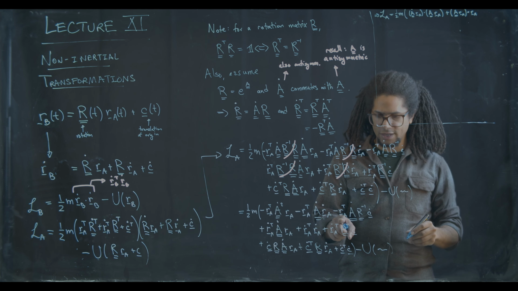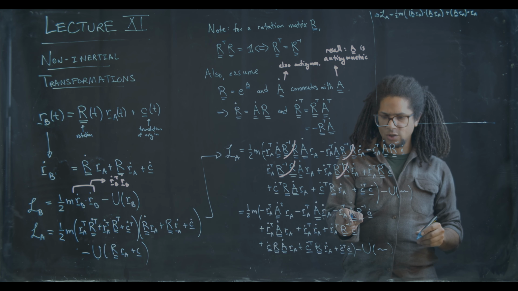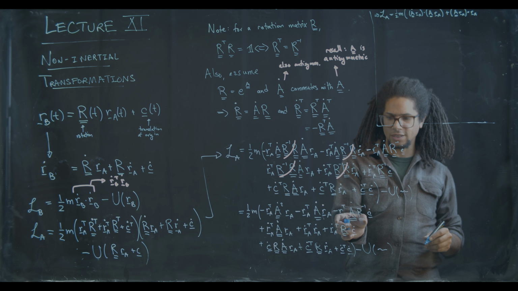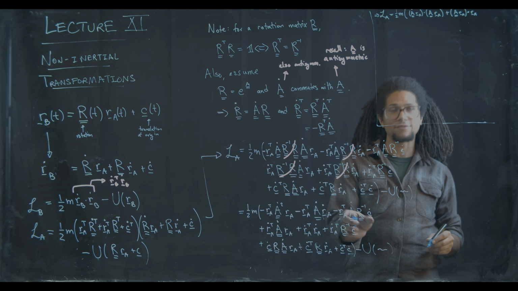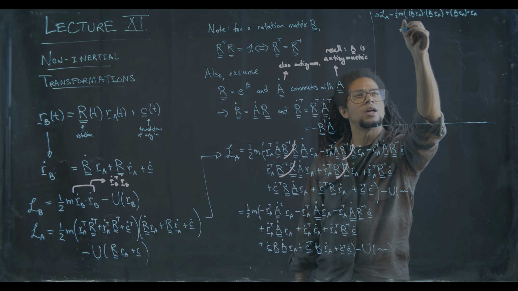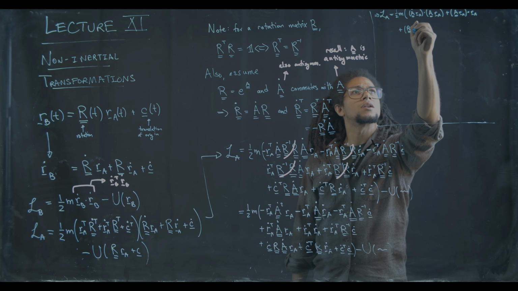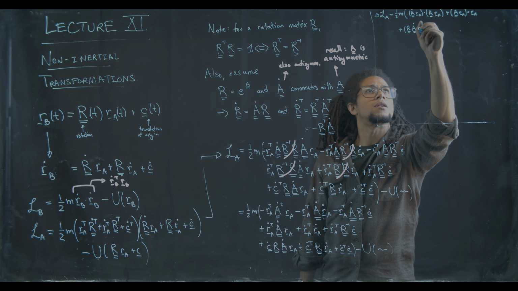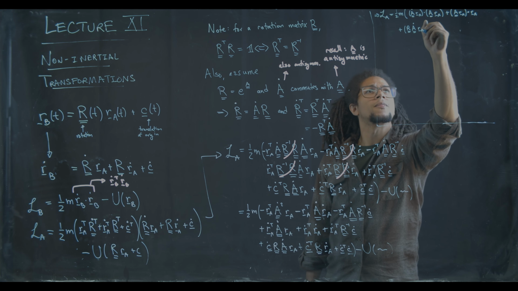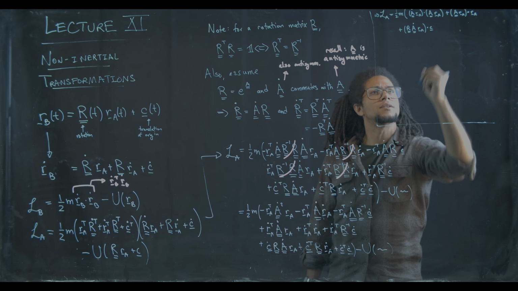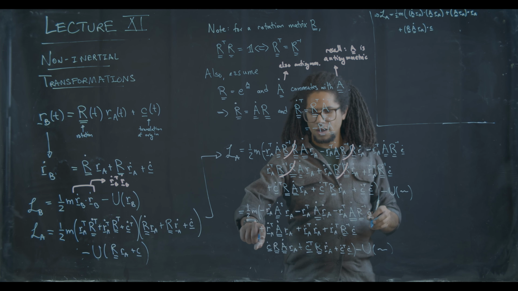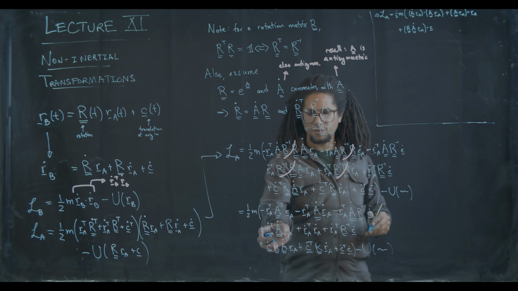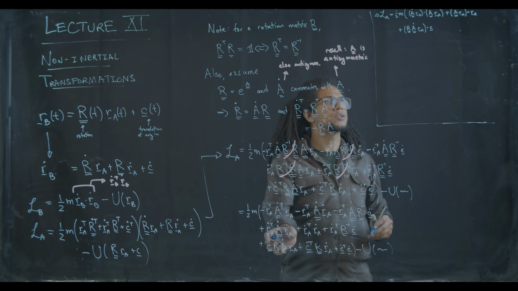Next, I have this term. And for this term, I can take everything and associate it, let's say, with what's on the left. Okay, so this is plus R A dot RA dot C. Good. Next, I have this term. Now, if I'm careful here, notice that I can do something pretty interesting.